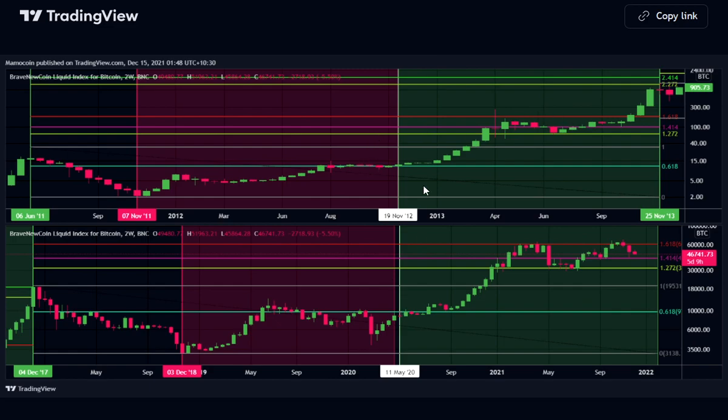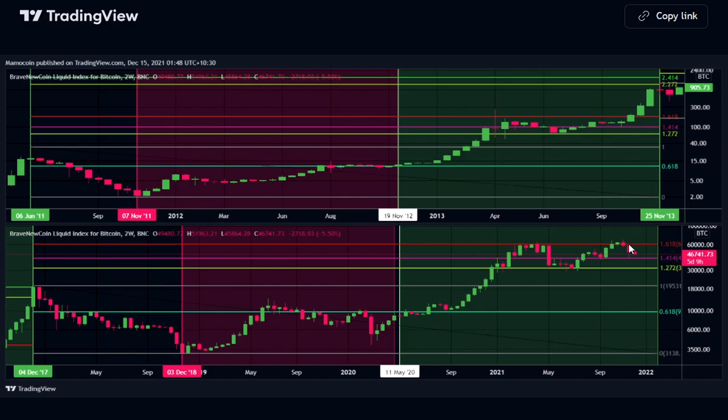And when they are compared like this, we can see we've spent a similar amount of time here consolidating. So looking at it this way, perhaps we are getting quite close to having the end of this run. We do also see that recent pullback to 42k was at the 1.414 level approximately, similar to this pullback on this candle, which doesn't look like much, but was actually a decent pullback to that 1.414 level.